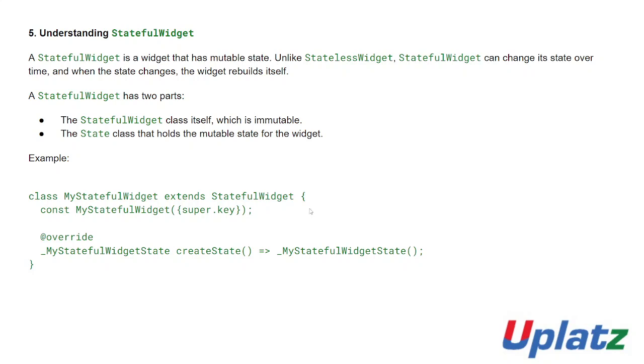We have learned this in Dart, super dot key. Then override, because the createState method is already written in StatefulWidget, but you have to override it because it is called myStatefulWidget state.